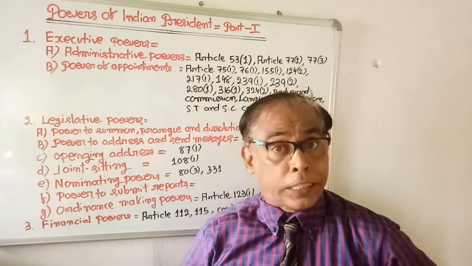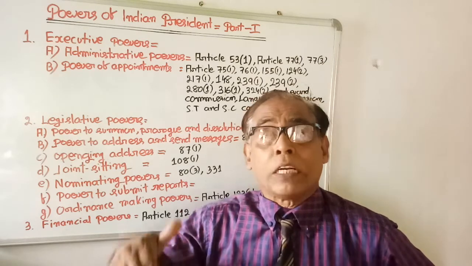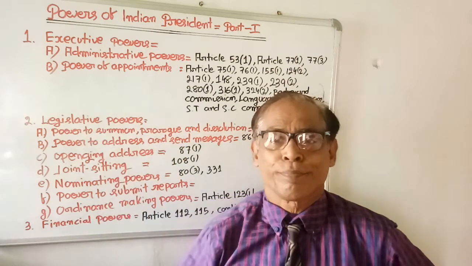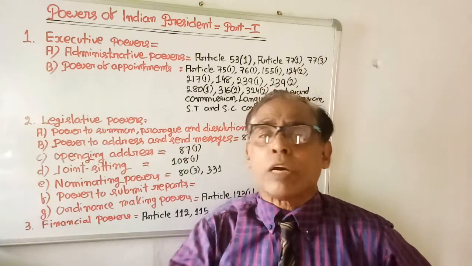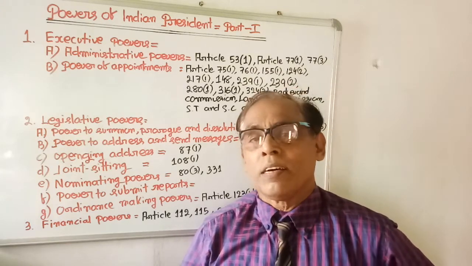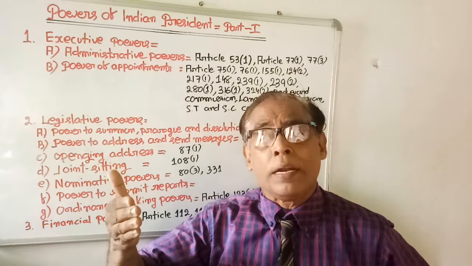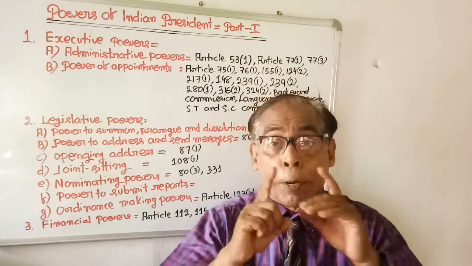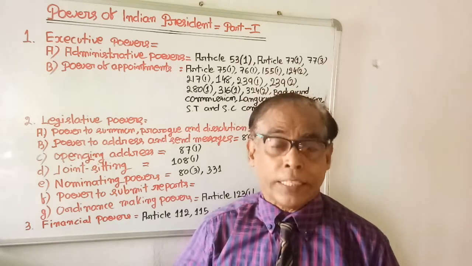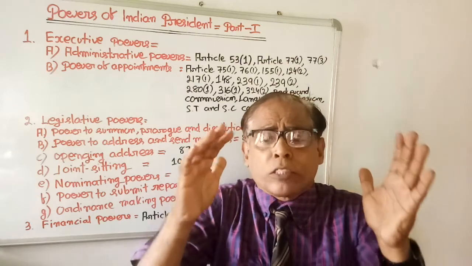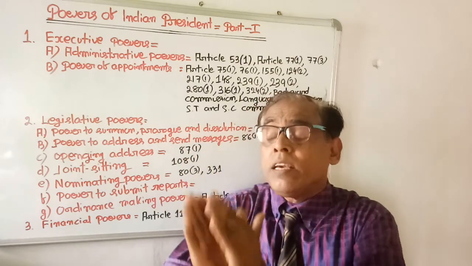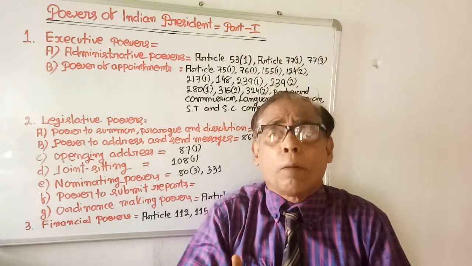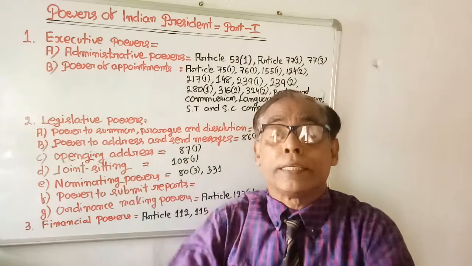If the president will not see whether parliamentary laws are executed or not, laws of parliament will be meaningless. So, it is the duty of the Indian President to see how the laws of the Indian Parliament are executed or not. Article 53 Clause 1 says, all the executive powers of the Union shall be in the hands of the President.